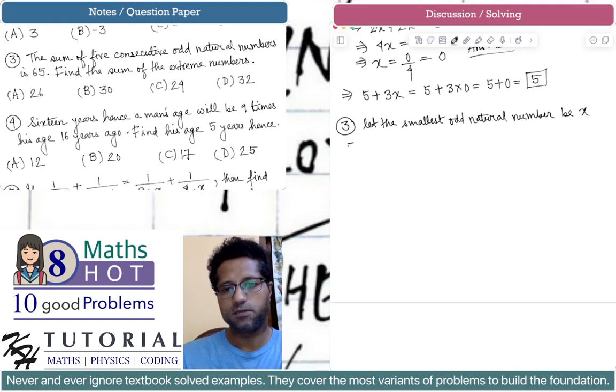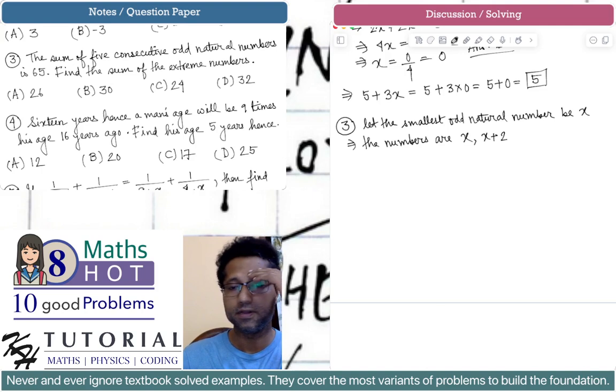So, this implies the 5 consecutive odd natural numbers will be: the first one will be x, then the next odd natural number will be x plus 2. If you take any odd natural number, the next odd natural number will be plus 2. That is, if you consider 3, the next odd natural number is 5.